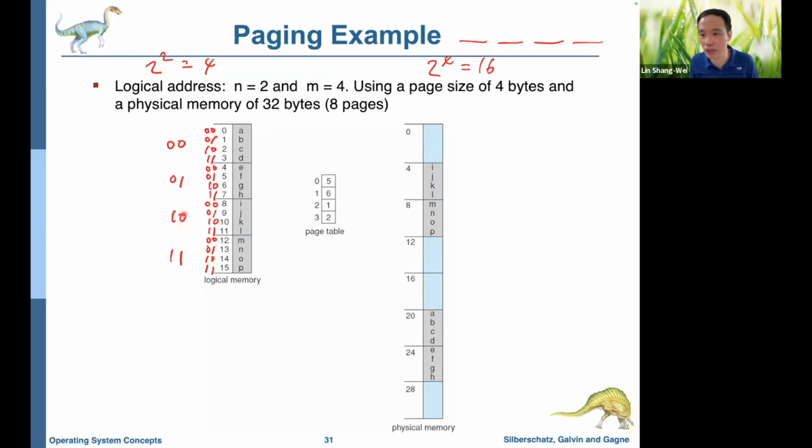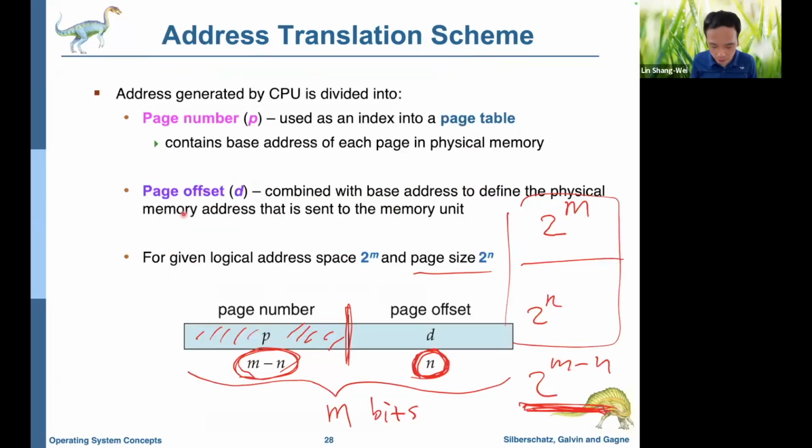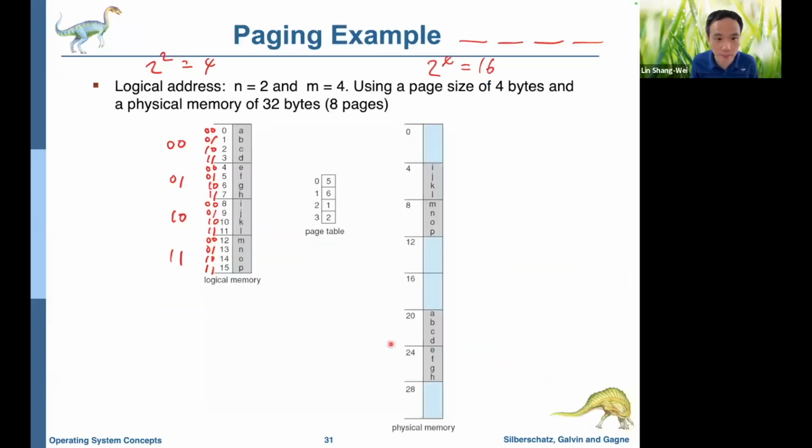So now you understand why we have this, right? This will be your page number. This will be your offset. The 4 bytes within this page number 0, 0 share the same prefix. That's why they are in the same page. These bytes, 4 to 7, are within the second page.